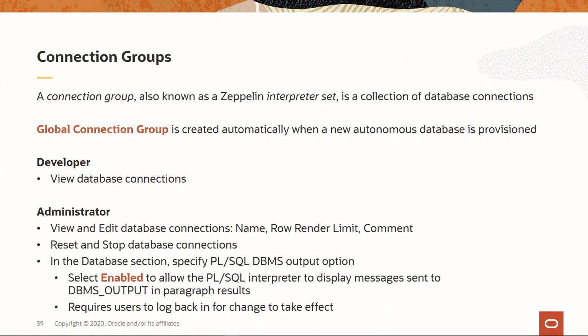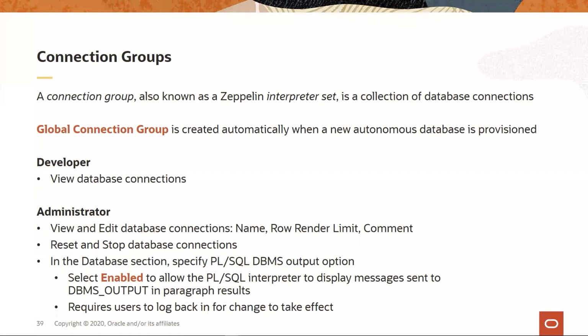And this is something that users don't have control over, even the administrator, to extend. The developer role can view the database connections. The administrator can view and edit certain aspects of database connections. They can change a name so that it should be used differently for their set of users.